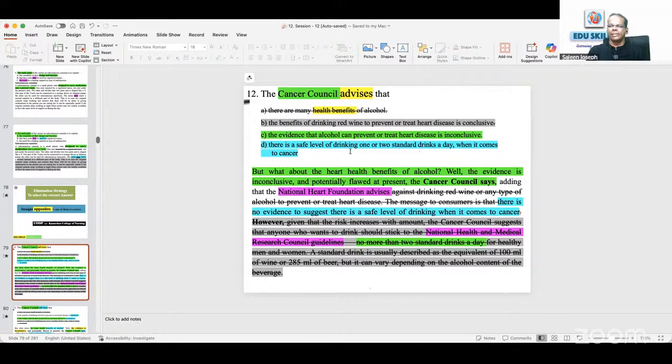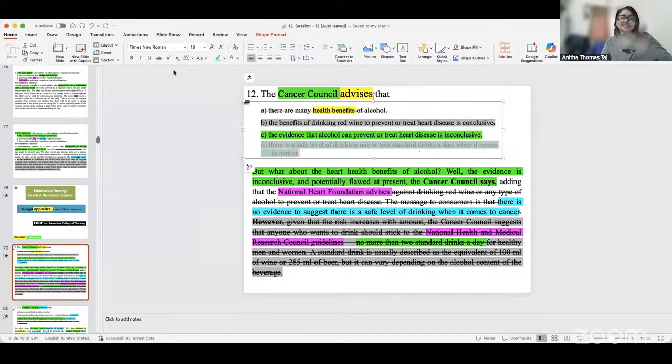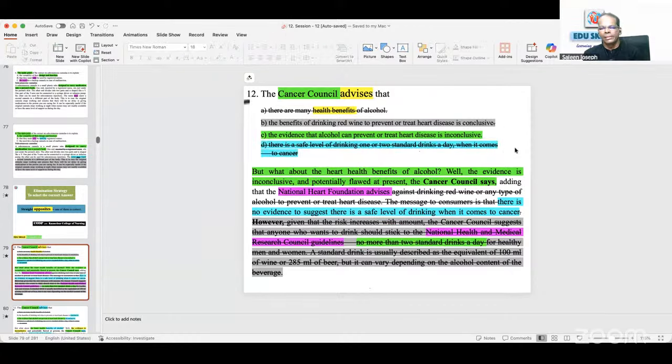They are opposites, right? The first one is the straight opposite strategy. Otherwise, here is another explanation: the text says there is no safe level of drinking. Okay?